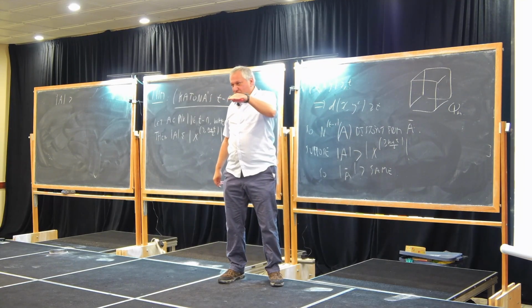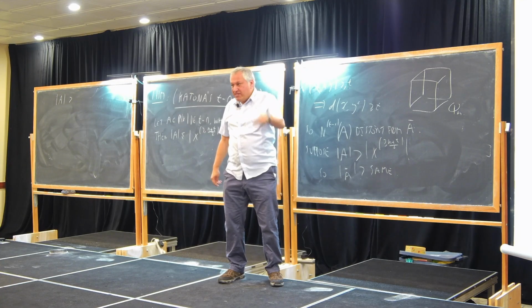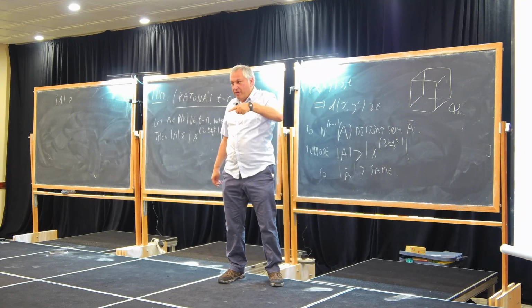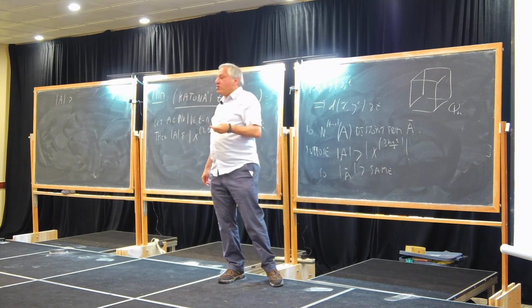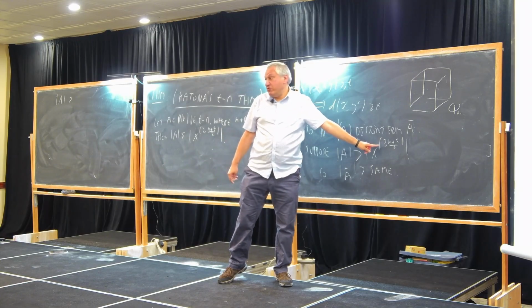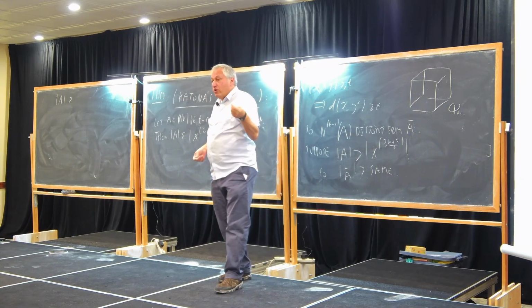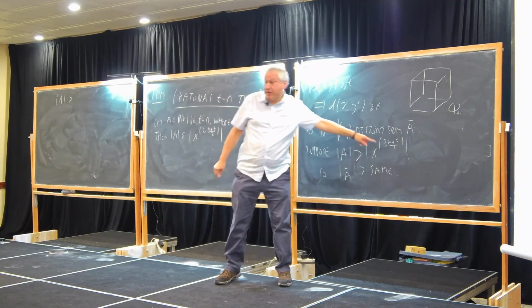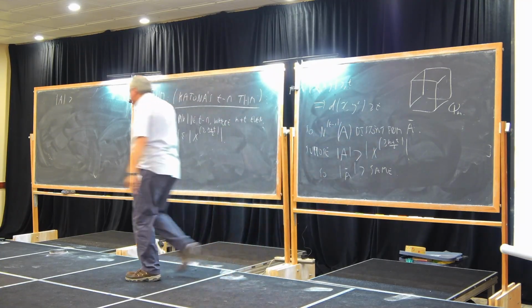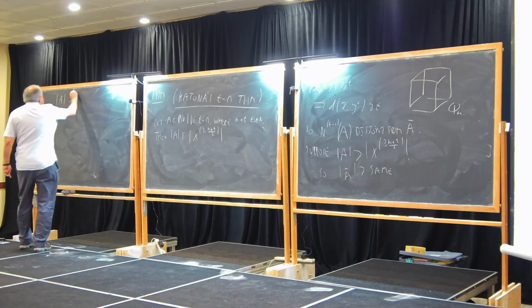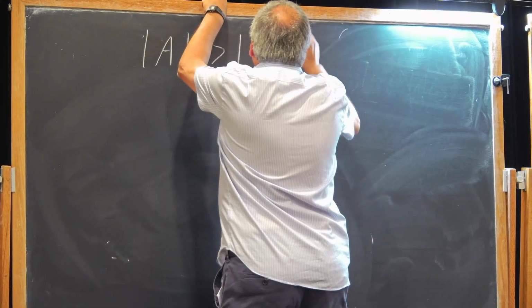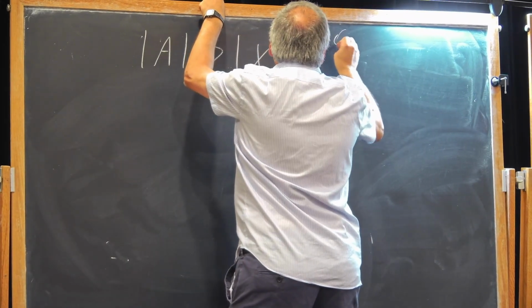Right? Sets of size 3 are as many as sets of size n minus 3, and so on. So if I take all sets of size at least n minus t over 2 and just complement it, I get literally all sets of size at most n minus t over 2.